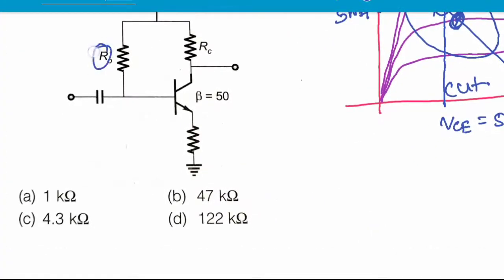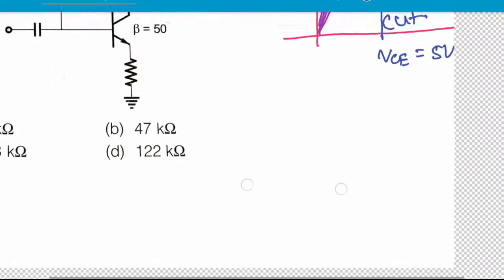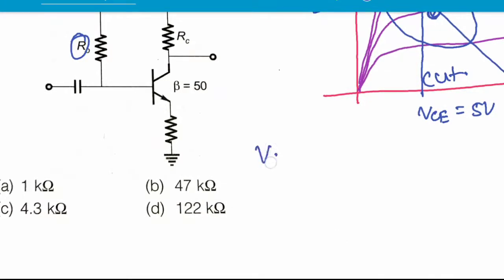This is what it is asking. So here VCE is given 5 volt, IC is given 5 milliampere, beta is given 50.